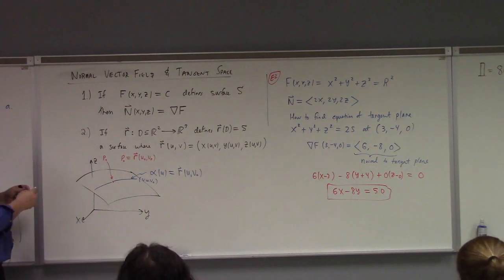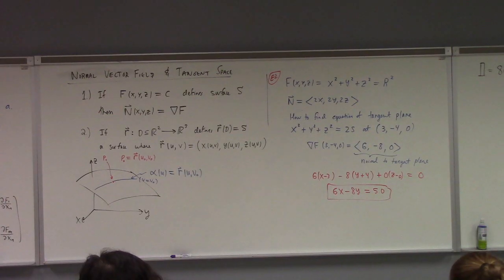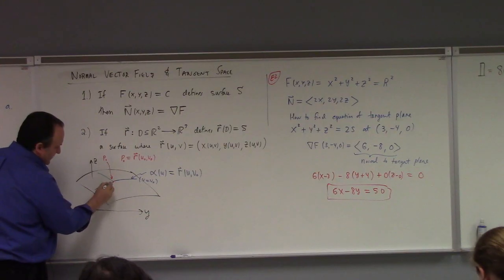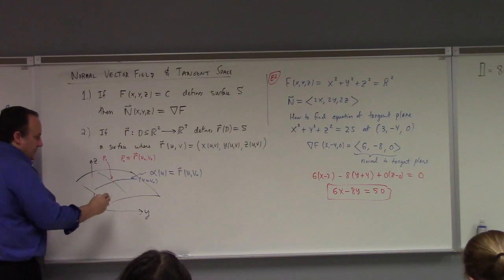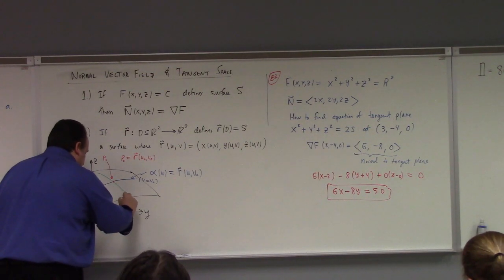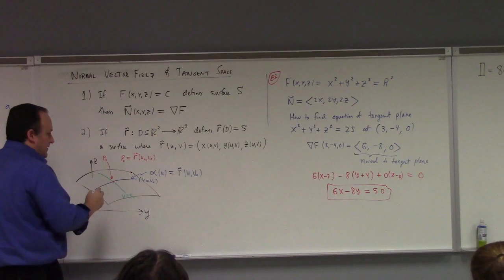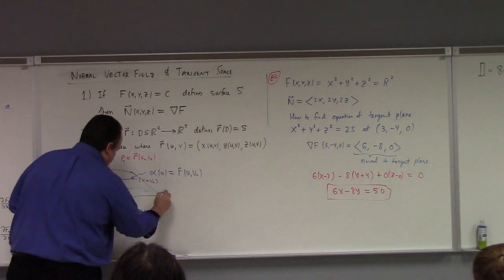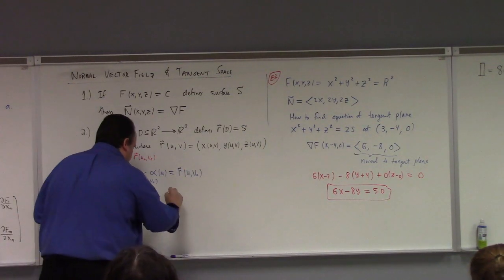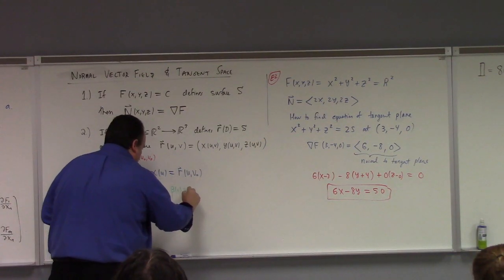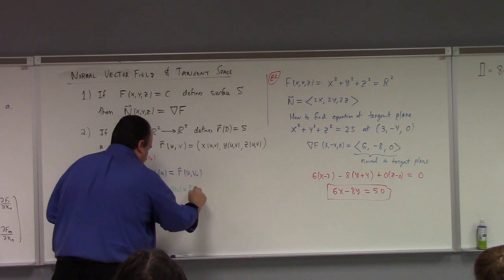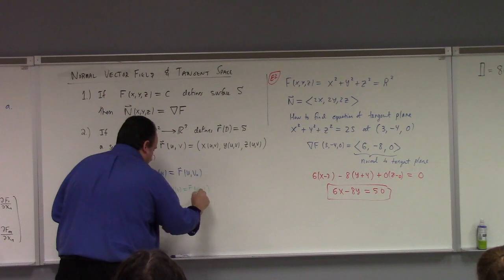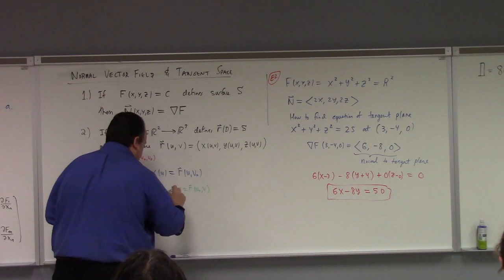We're freezing the V. And we could also look at another one that goes through that point like this. We could make this the line where U is equal to U naught. And the formula for this one would be beta of V is R of U naught comma V.